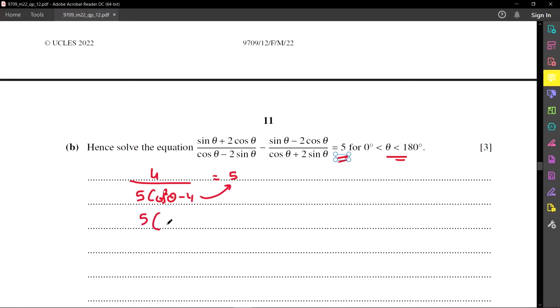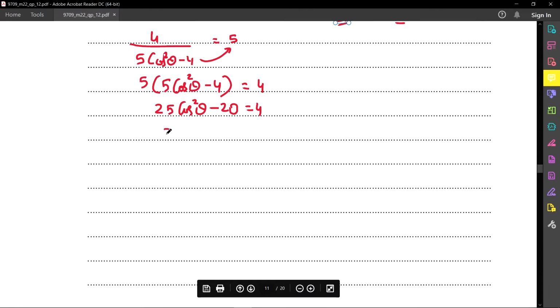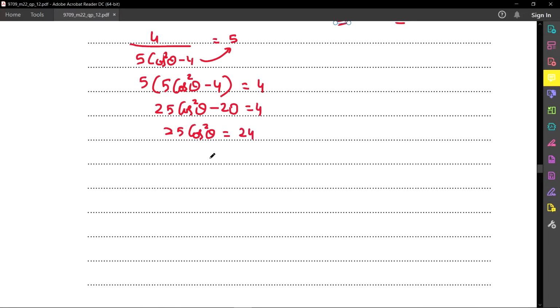So 5 into 5 cos square theta minus 4 equal to 4. So 25 cos square theta minus 20 equal to 4. So you have 25 cos square theta equal to 24. Cos square theta equal to 24 by 25.